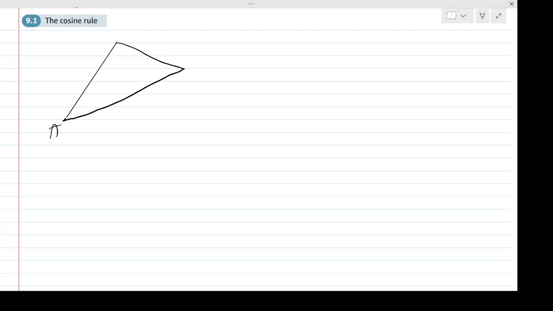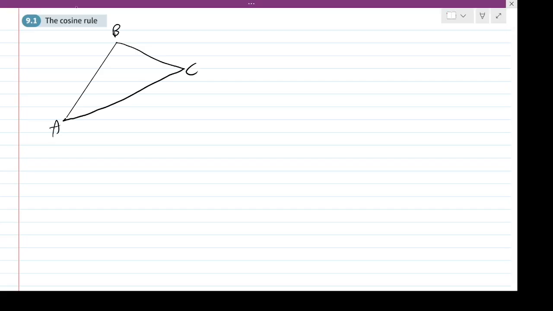But first we're going to look at the cosine rule. This is if we have any triangle, any general one, say a non-right angled triangle, could be right angled, but generally a non-right angled triangle, with points A, B and C. So a general triangle.